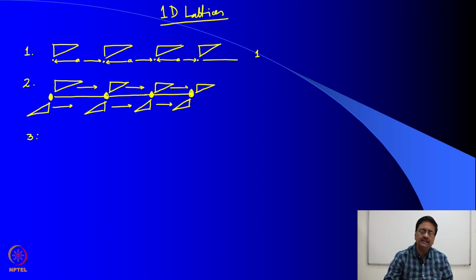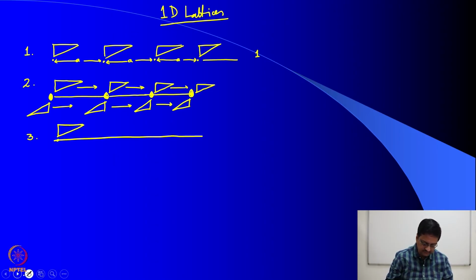The third type of 1D lattice can have a longitudinal mirror. So suppose this is the line of translation, your object is here, and this object has a translational component at this particular distance. As a result, your translation related objects come at its own place.